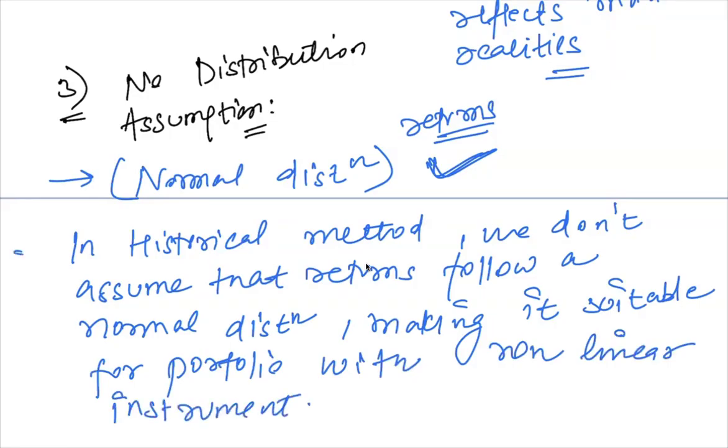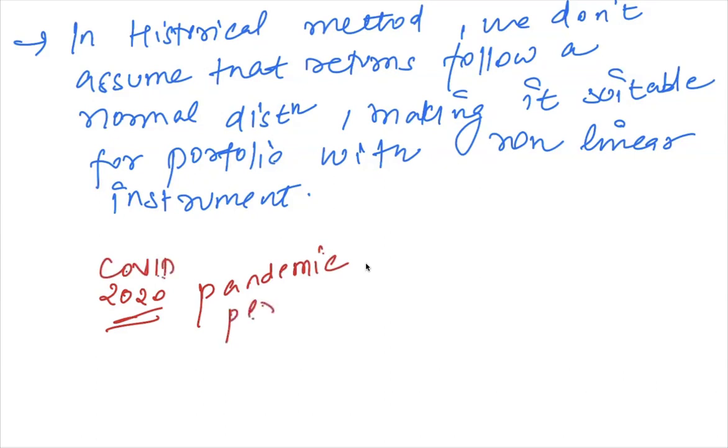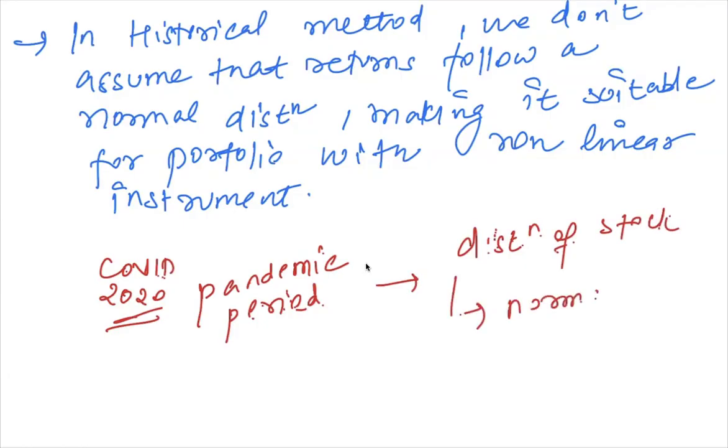We have seen that in certain cases, if you remember back in 2020, the COVID pandemic period, the distributions of stocks were not following a normal distribution.